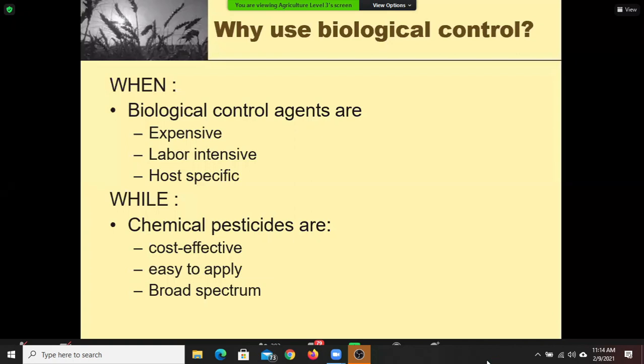We can easily apply pesticide in the field crops, in the vegetable crops, in the fruit plants as well. And these are broad spectrum. It means one pesticide can kill several groups of pathogen, or sometimes one pesticide may be effective to control a number of diseases.